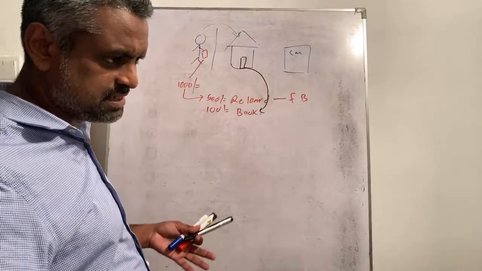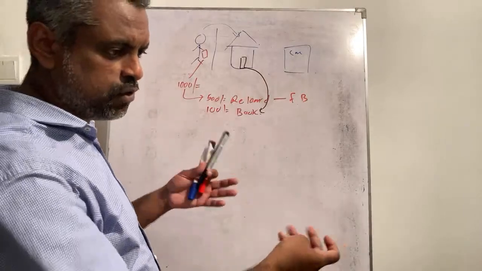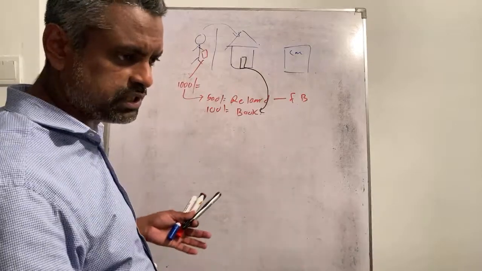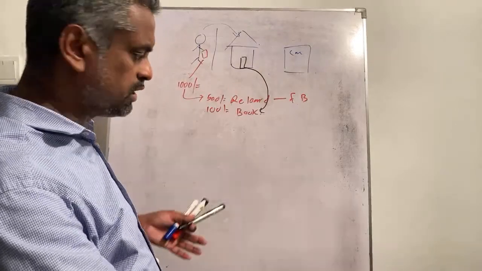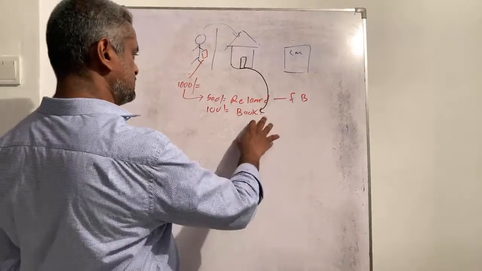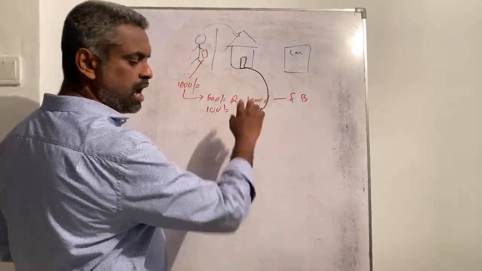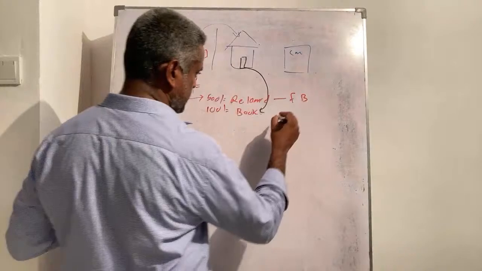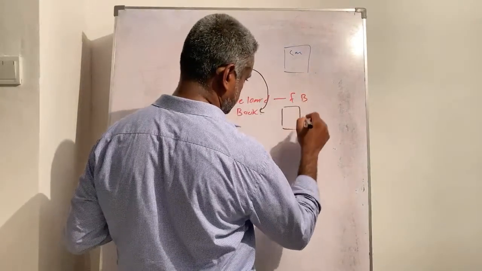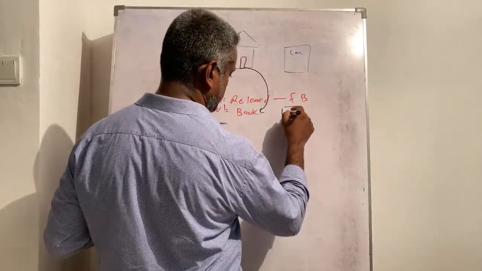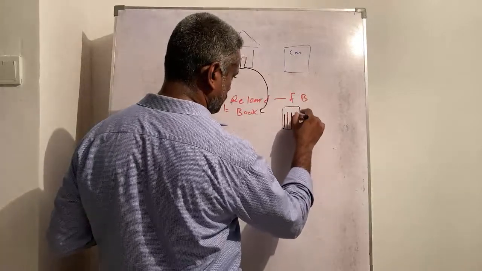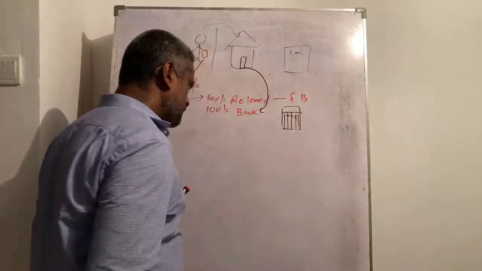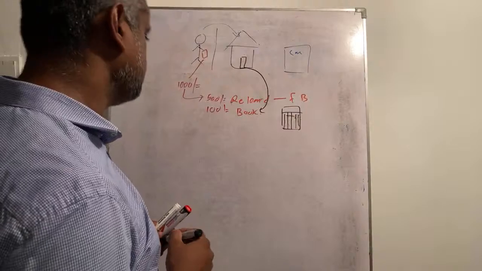In today's context it may be a phone or a computer, but in the traditional way you have an exercise book, which may be ruled or with columns. Okay, 100 rupees you spend for that.